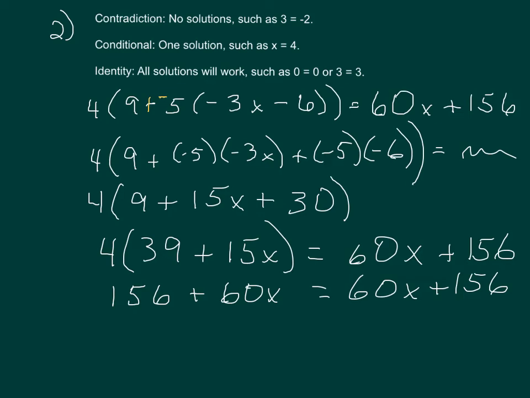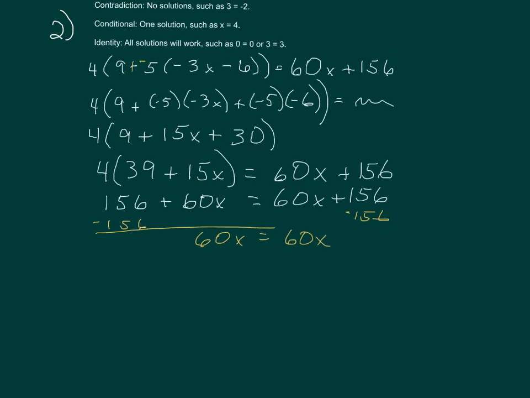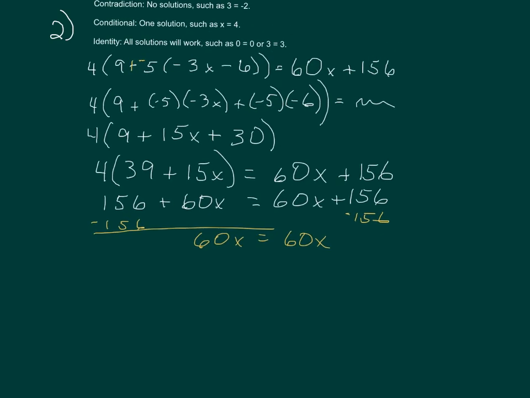If we subtract 156, we get 60x equals 60x, and if we then subtract 60x from both sides, we get 0 equals 0.